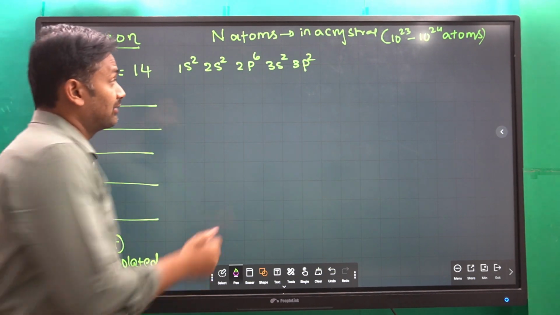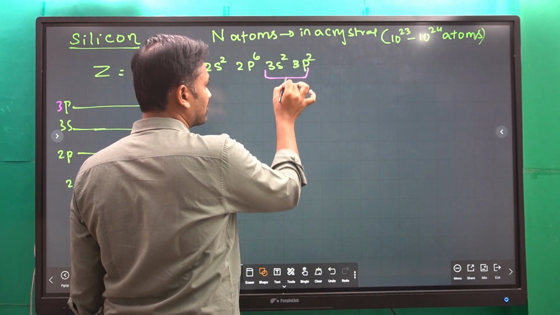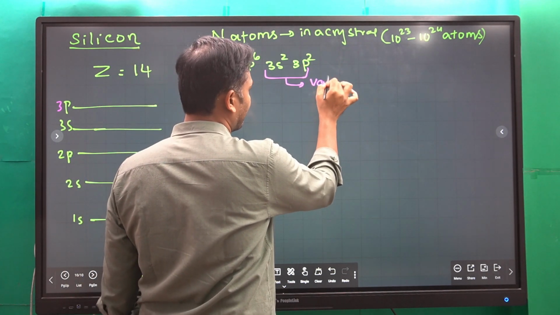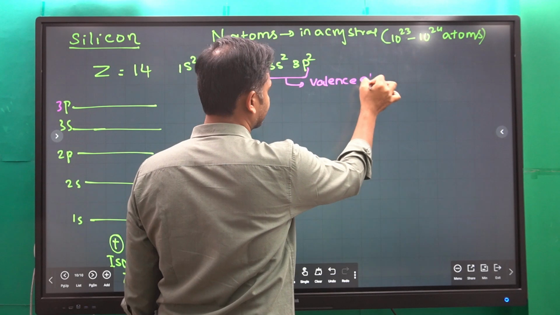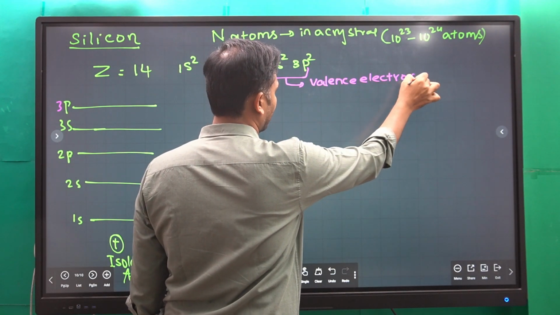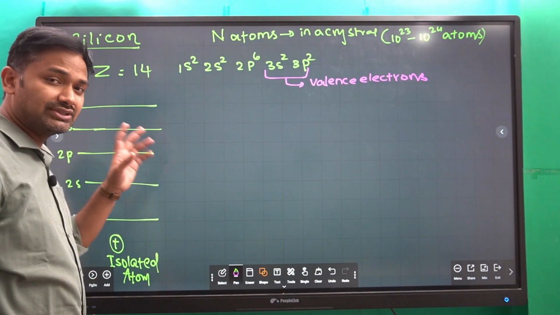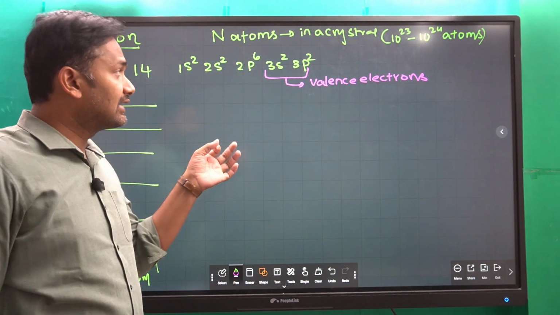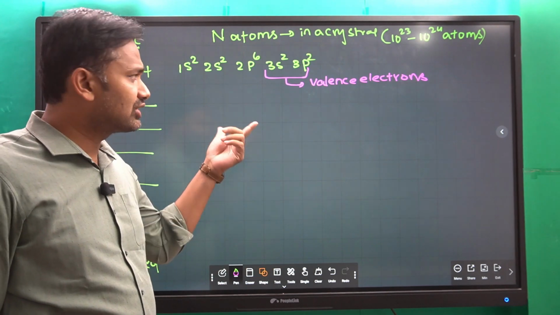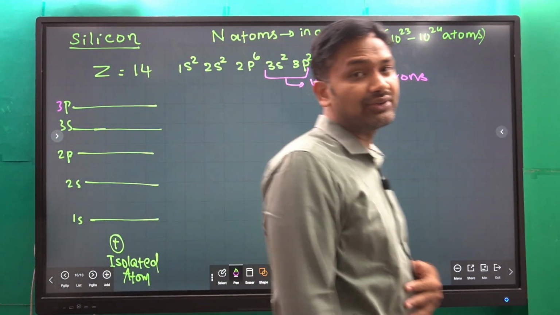This is the outermost shell. These are the valence electrons we have, 3s2, 3p2. That is the valence shell, and the electrons present in the outermost shell we call valence electrons.